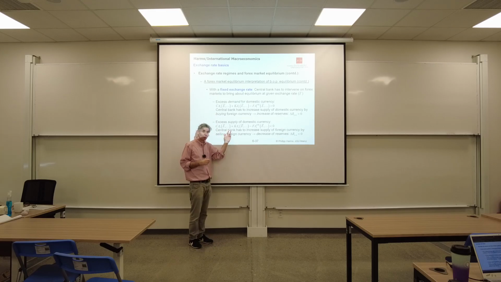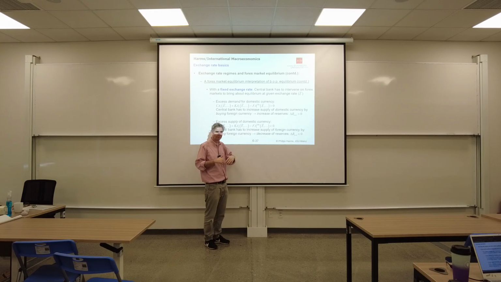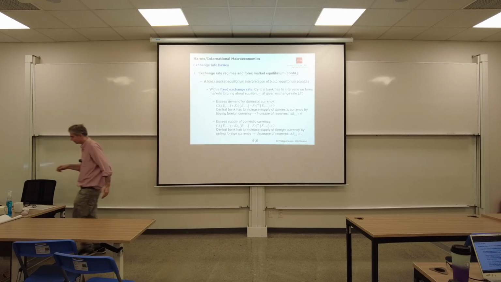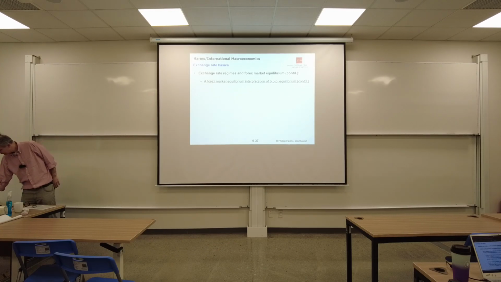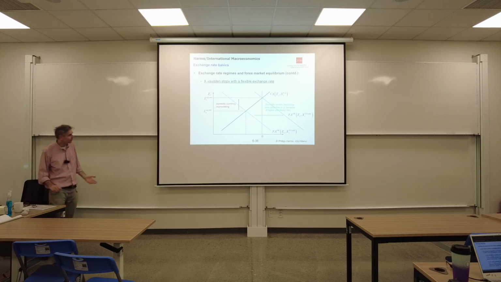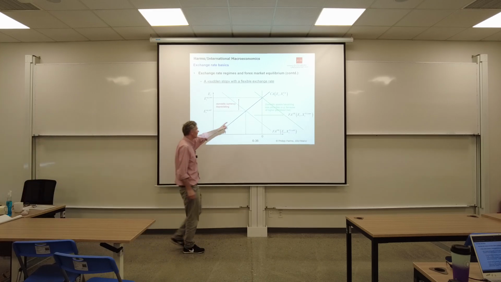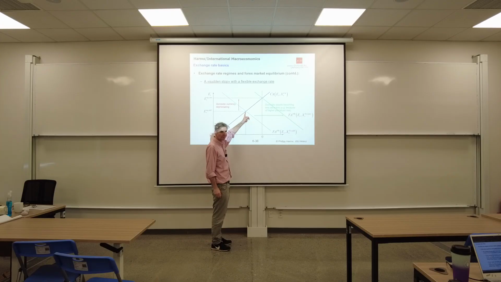Then, of course, in a flexible exchange rate environment, what happens is the domestic currency depreciates, right? Suppose that we start here, right? This is the flexible exchange rate. We start here.